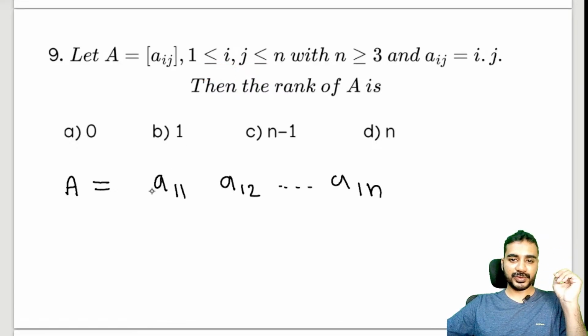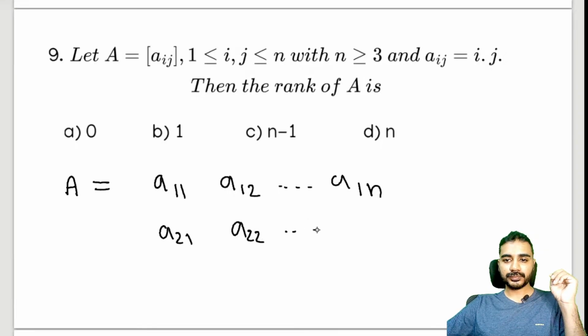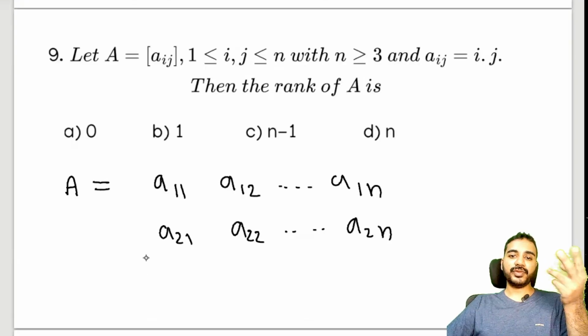That's given in the question. So we can write next row as A21, A22 up to A2n. Then how many rows can we write? That's the next thing.